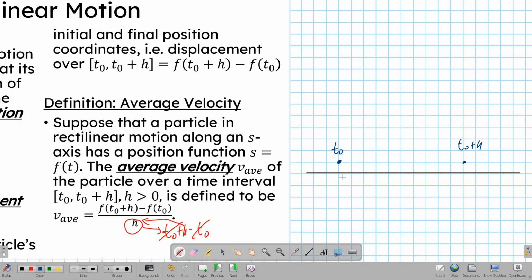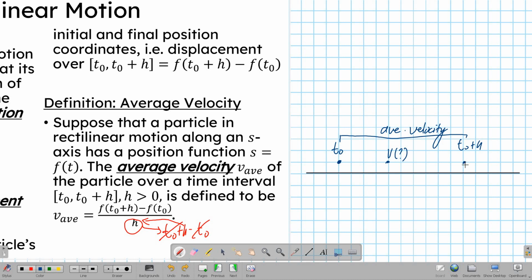So from here to here, the average velocity, or how fast the particle moved over this time interval, is what we get. We do not get the specific speed or velocity of the object at a specific point. Say here, we don't know what the velocity of the object is at that specific point. We only get the average velocity between these two positions.